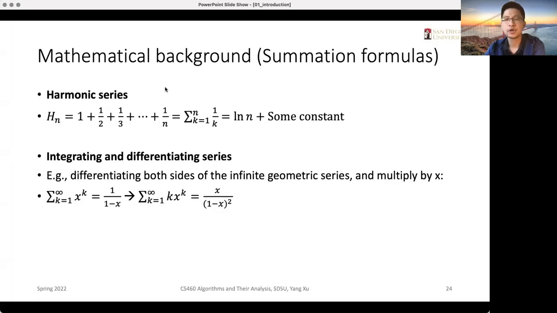All right, so that's pretty much for the first introduction slides. We had a quick going through of the mathematical background that will be useful in the course. And I wish you can spend some time reading the slides. And there will also be a related chapter in the book that covers the mathematical review.